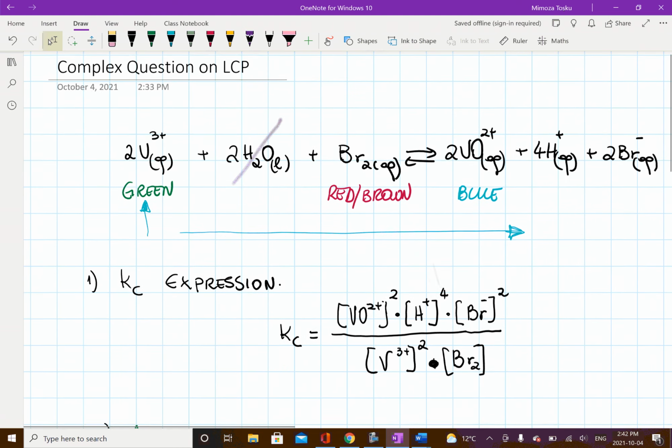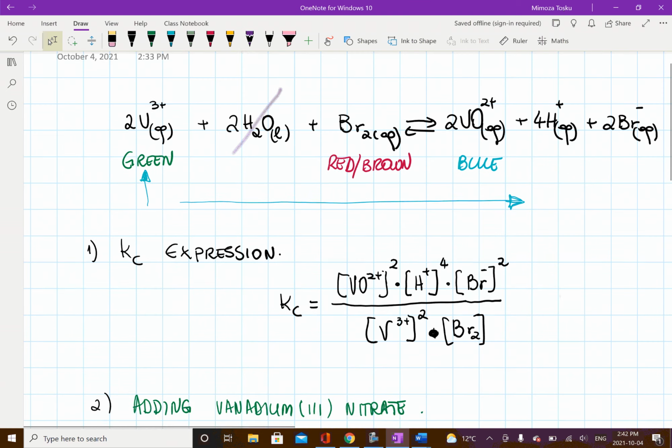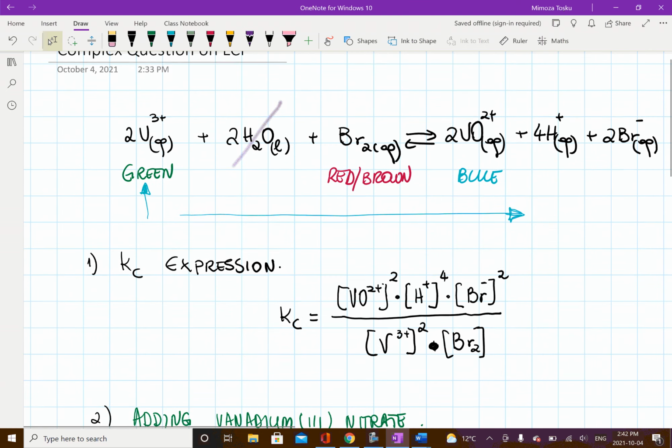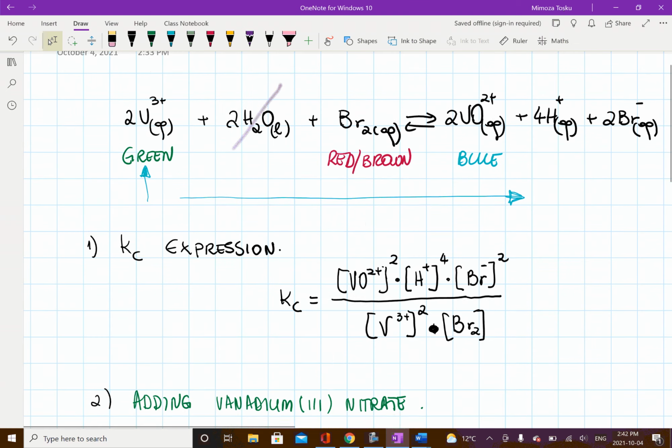But if we look here, the number of molecules is the same, so it will not have any effect. And it is an aqueous solution, so it will not have any effect there either.